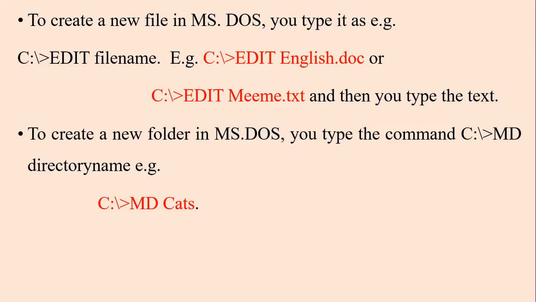There is no full stop. It is just md space the name of the directory you are creating. For example, in this case, I am creating a directory called cats. So what I'll do is I'll type md space cats.